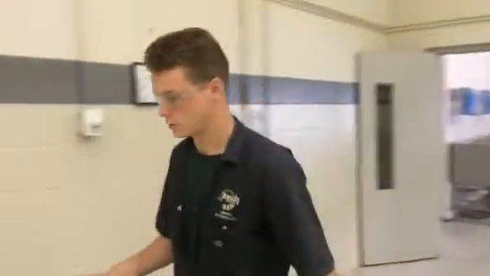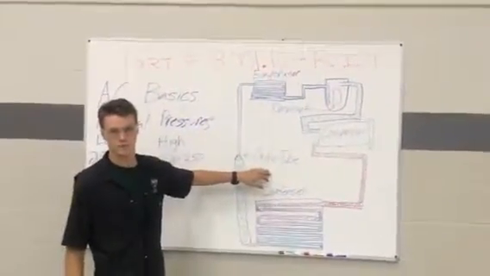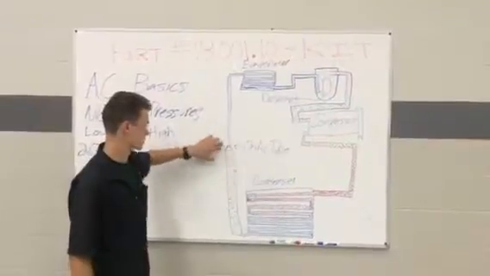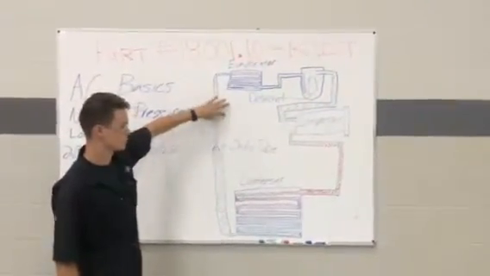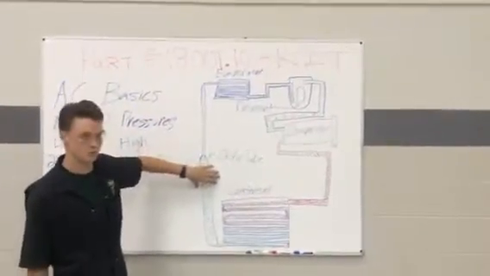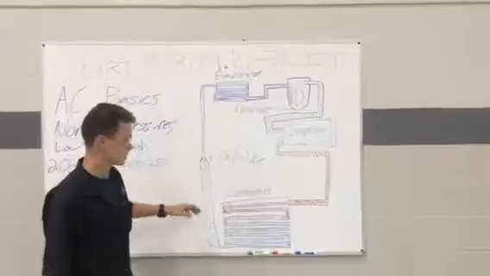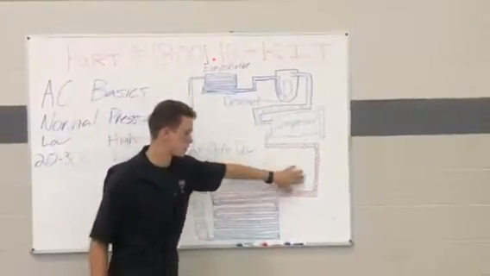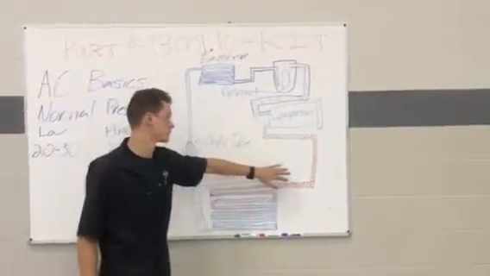Say you have too high a pressure on your high side but no pressure on your low side, that could be a clogged orifice tube. If it's clogged, it won't let any gas get through, so you're going to lose pressure on this side, and pressure is going to continue to build on this side from the compressor continuing to pump. That's why there's usually a high pressure switch somewhere on the high side here to shut the compressor off if there is such a failure.